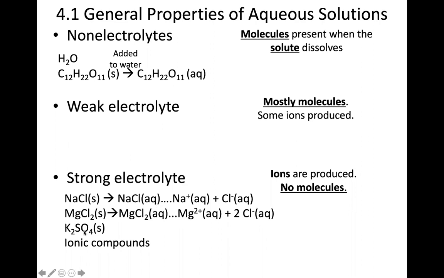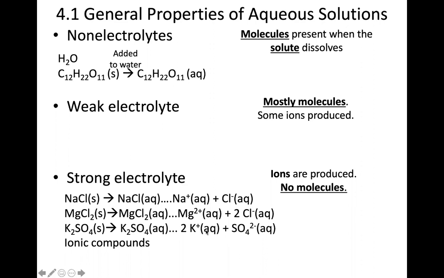Take a second. What would you predict happened with the potassium sulfate? What does potassium sulfate aqueous represent? I'm thinking it's an ionic compound. I'm thinking that like other ionic compounds, I can describe it as being aqueous, but what's really going on is it's dissociating and giving me the corresponding ions.